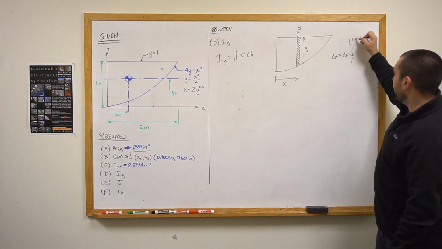We defined that earlier as 1 minus x squared divided by 4.